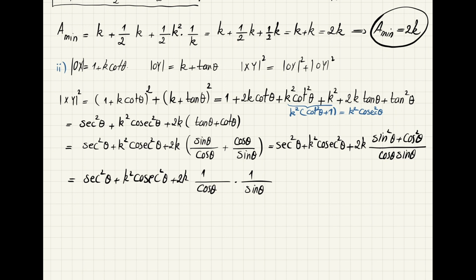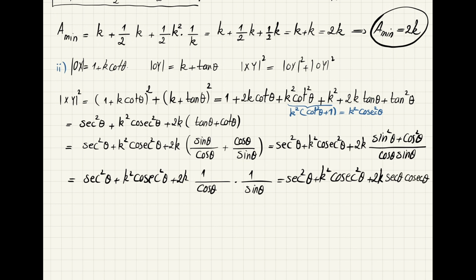But then it is completely clear this becomes secant to the 2 theta plus k squared cosecant to the 2 theta. And then I have plus 2k. This part is nothing except secant, and this is cosecant. So then it becomes 2 times k times secant theta times cosecant theta.